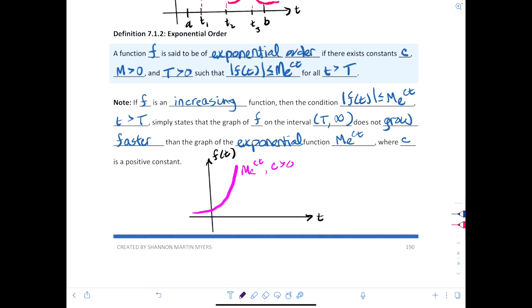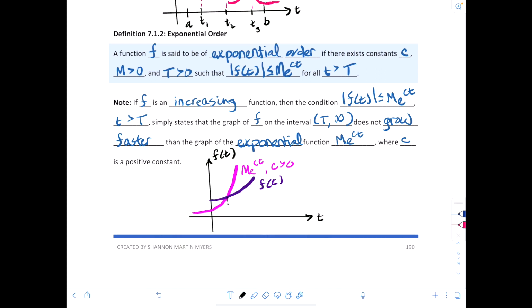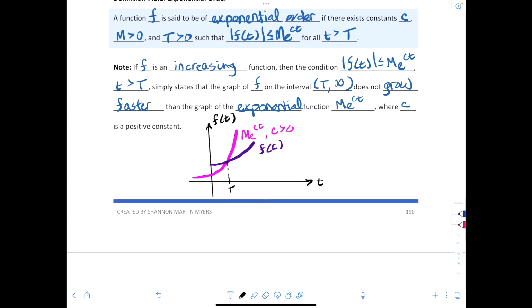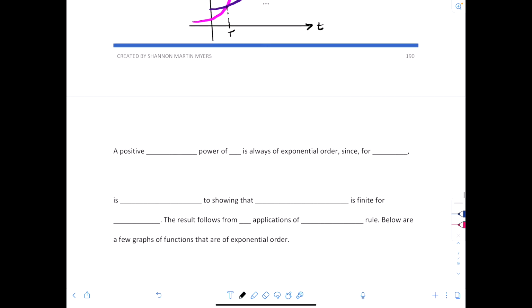And then here, let's say you've got f at t. So where they cross right here would be your capital T. So notice as t is greater than capital T, your f at t is less than m e to the ct. Cool?